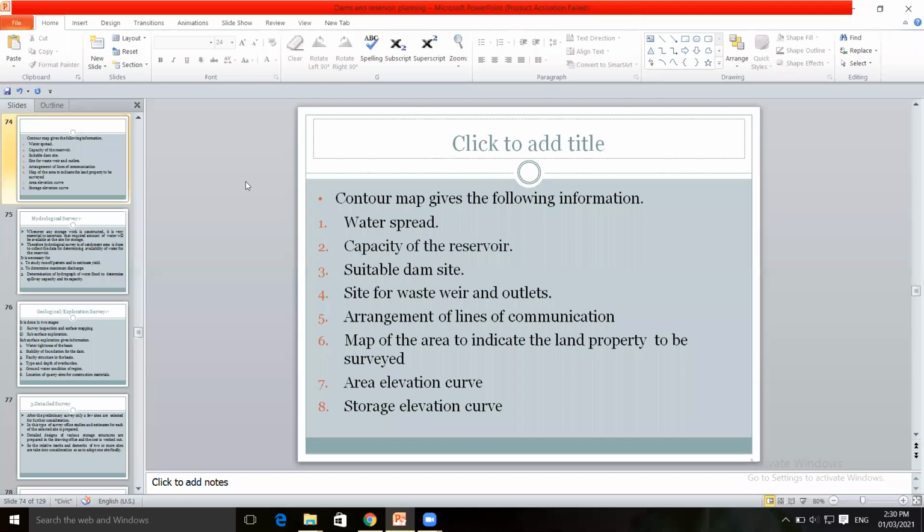How to decide the spillway location, whether it will be located within the dam or outside the dam. Arrangement of the lines of the communication system, transportation system, transportation of the material from one place to another place, or from the market to the site of dam location where dam is to be built.